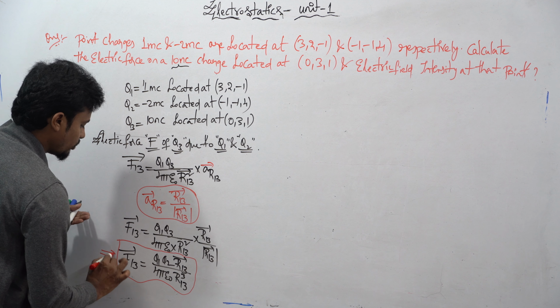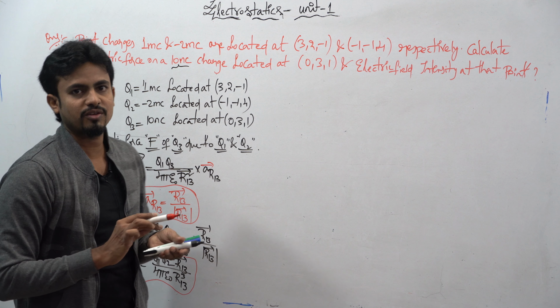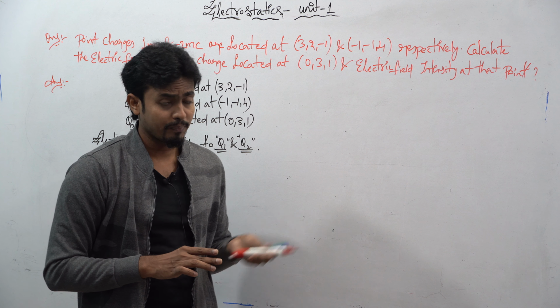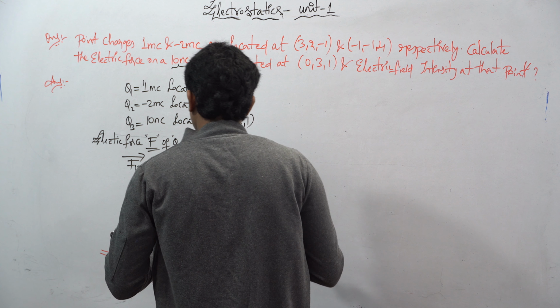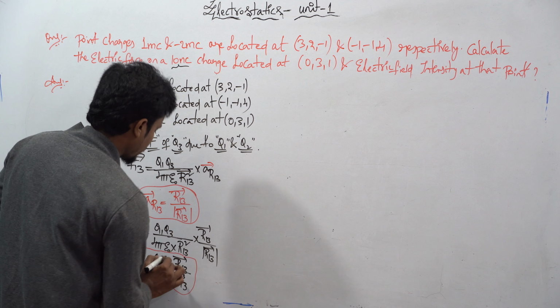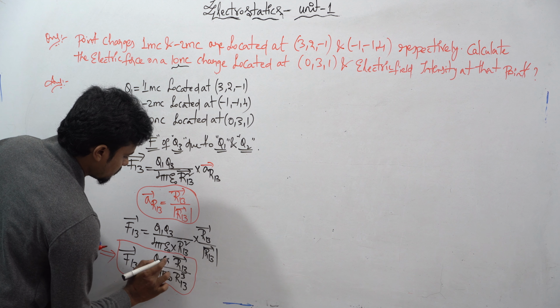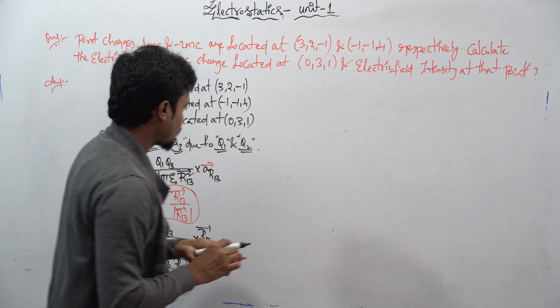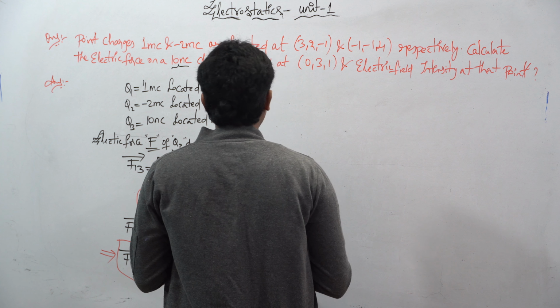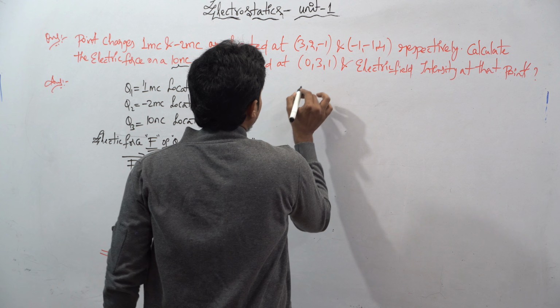Now what we have to do is find the position vectors as well as the displacement vectors. So here we have Q1 and Q3, right? Now what will happen to my R13 bar?